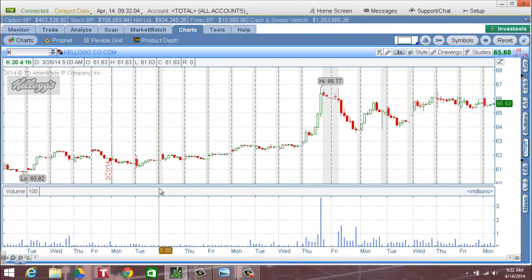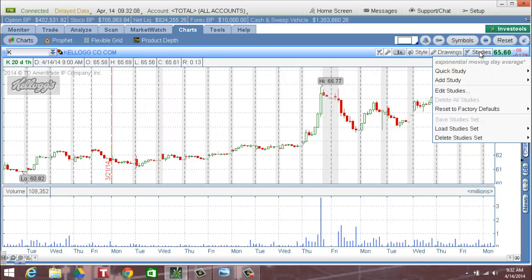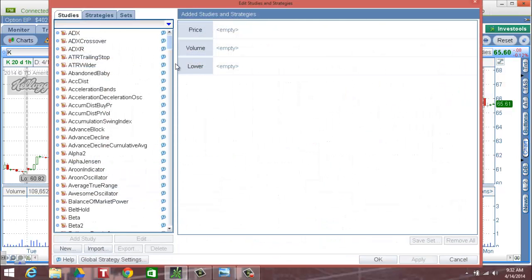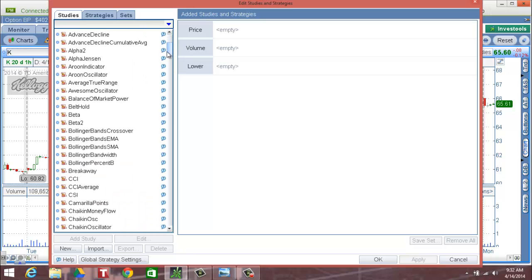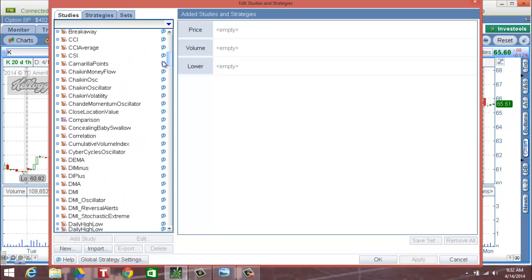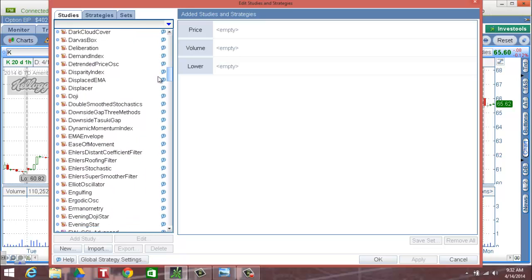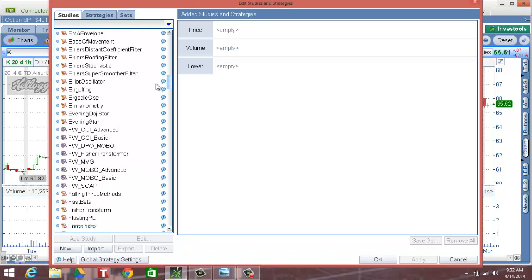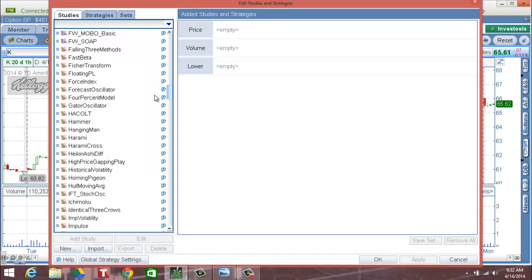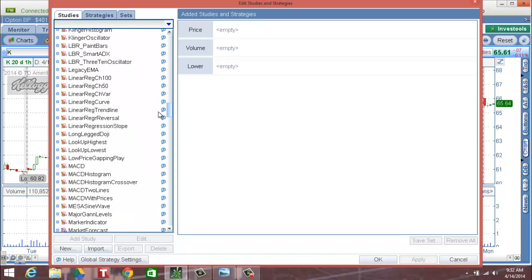So the two studies we're going to be adding are the MACD and the slow stochastics. What I like to do is go to studies, then edit studies, and from there I'm able to scroll up and down and find any study that I want. Right now I'm looking for the MACD, and we're looking for the slow stochastics.